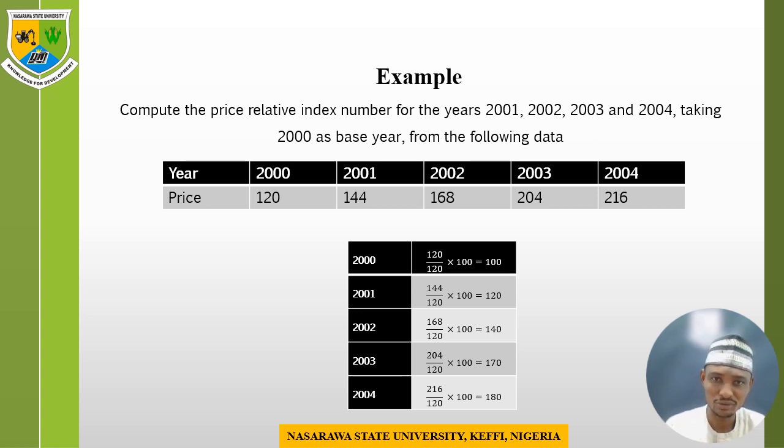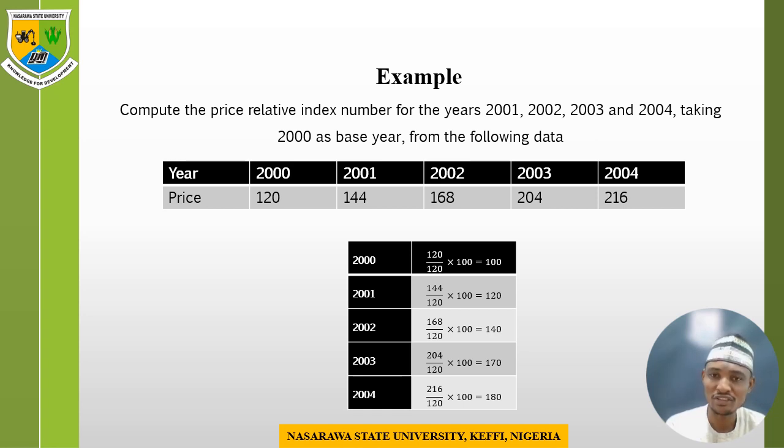Then taking the case of 2001, we have 144 as price. So it is 144 all over the base year, which is 120, multiplied by 100, which is 120, which simply means there is an increase in the price of 20% in 2001.